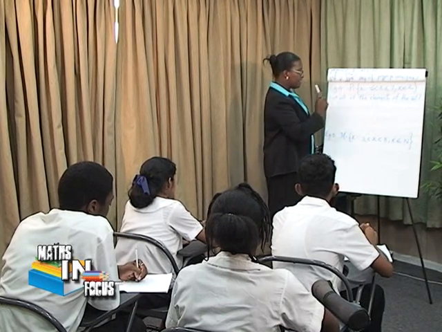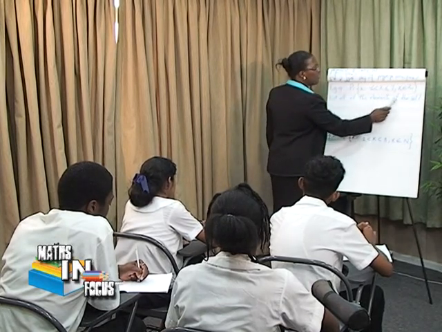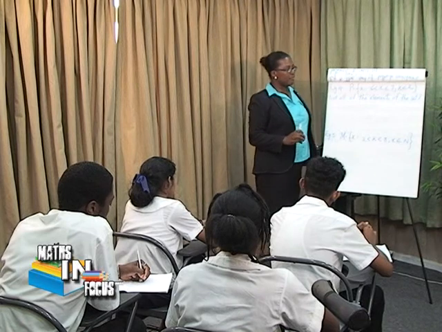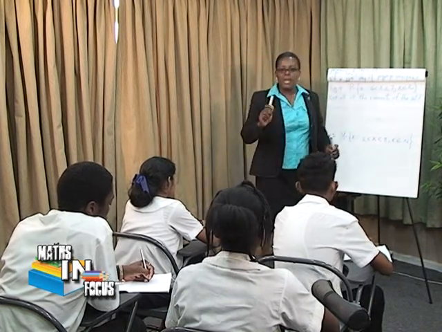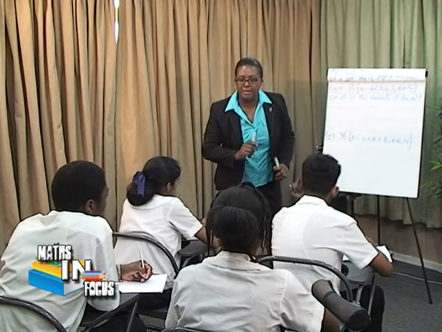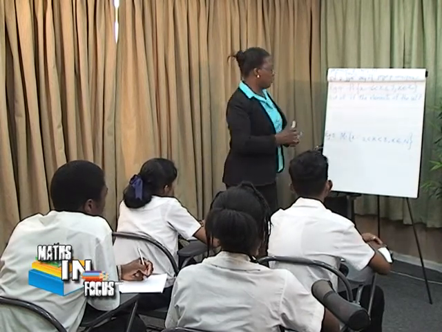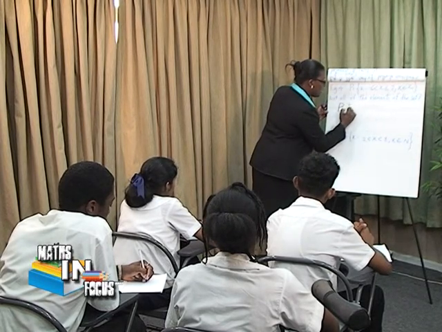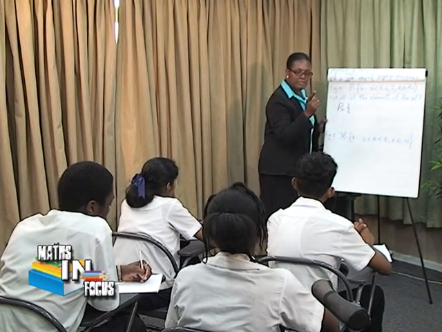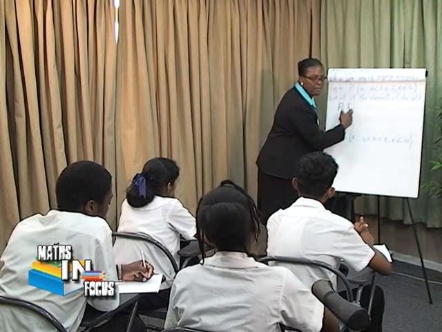The instruction says list all of the elements of the set P. Now looking at what we have here, will -6 be in the set P? No. So we write our name, P is equal to, and we open. So there's no -6. So what's going to be the first element?